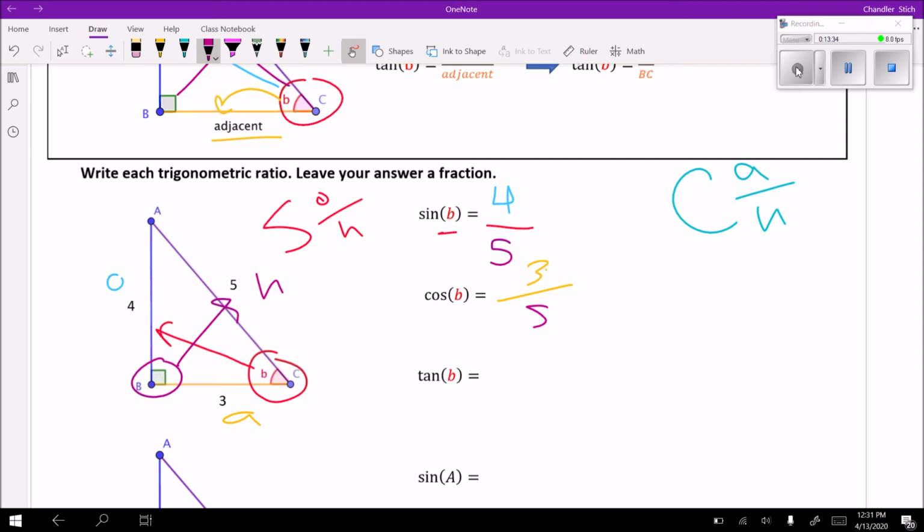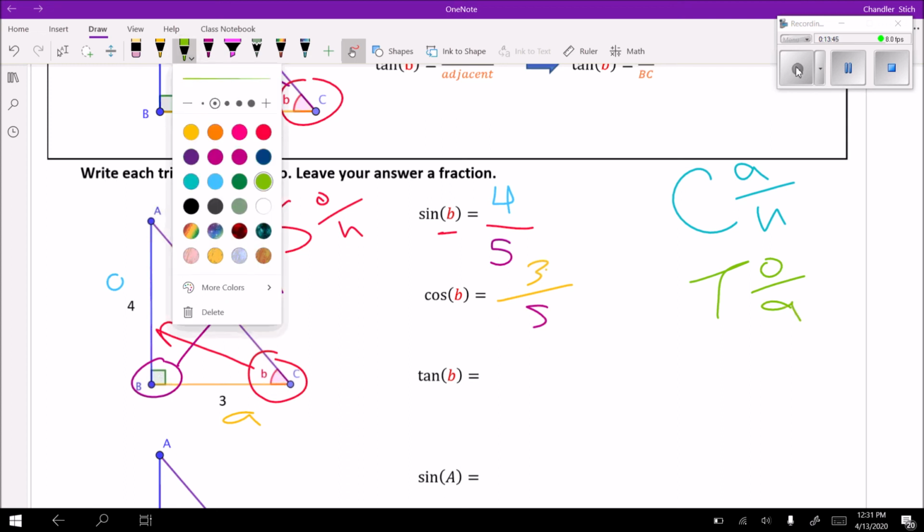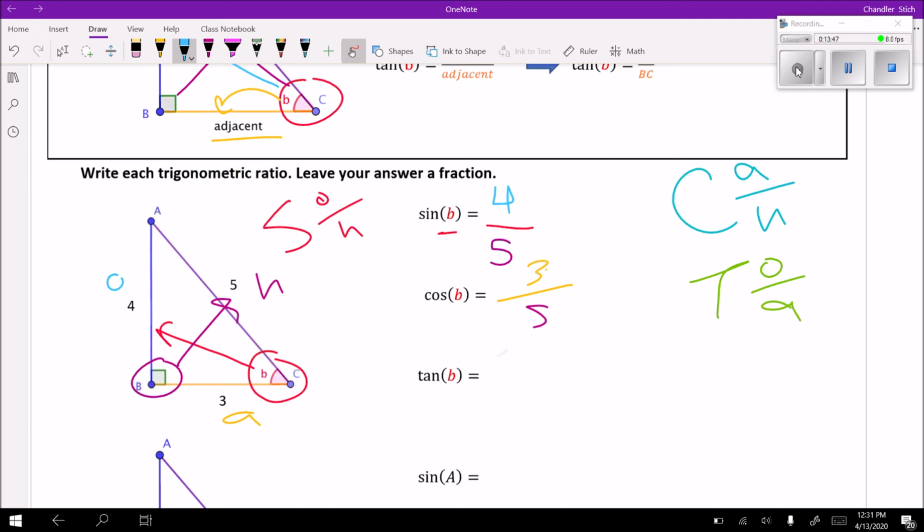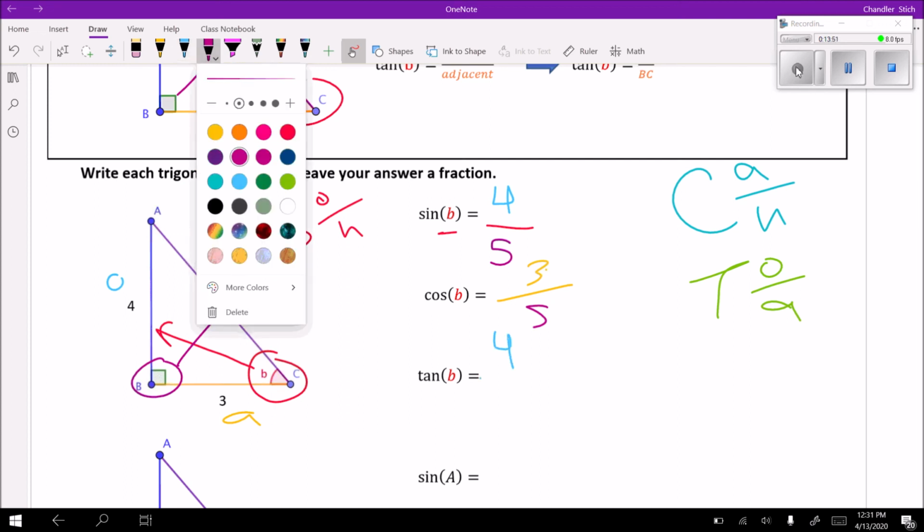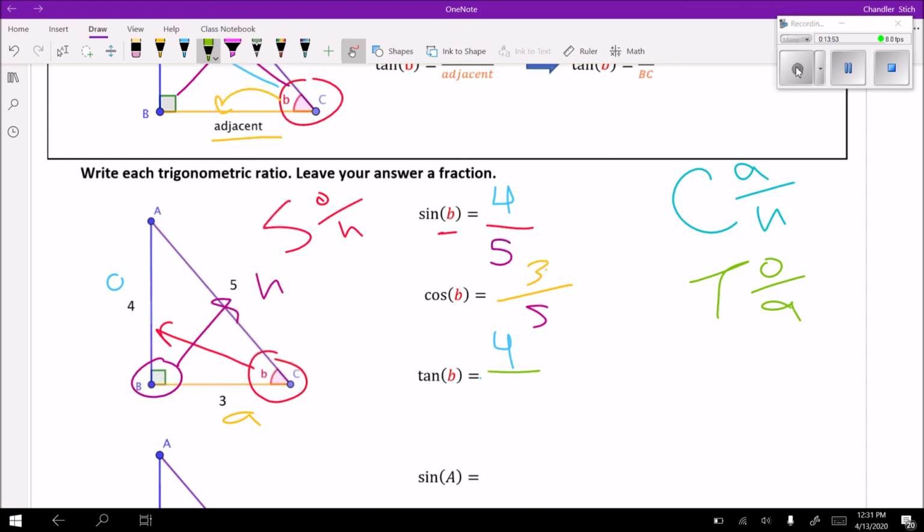And then what about tangent? Obviously, TOA. Opposite over adjacent. Opposite is 4. Adjacent is 3. And so I know that my tangent is 4/3. Tangent is 4/3.